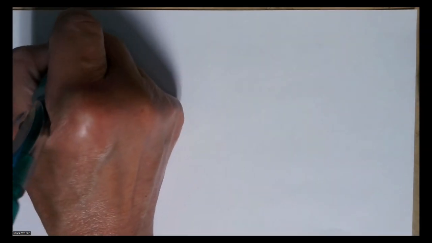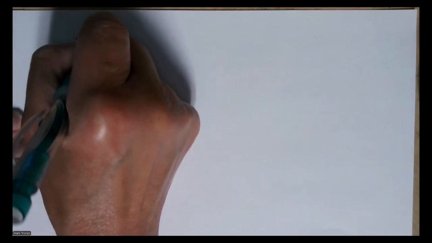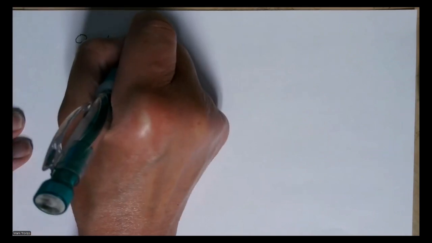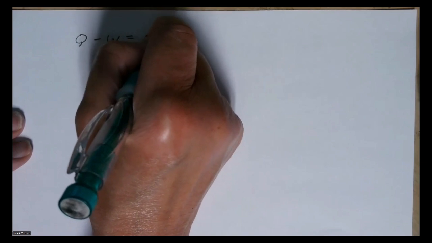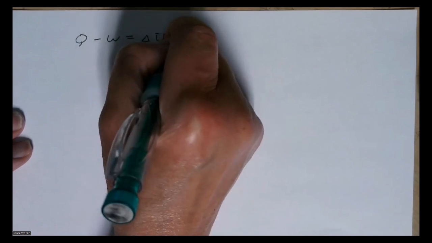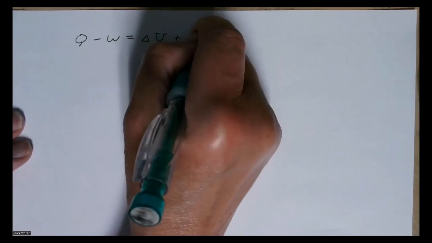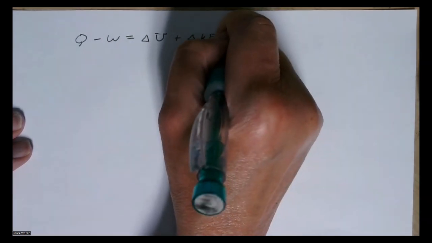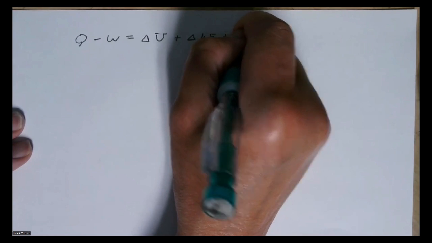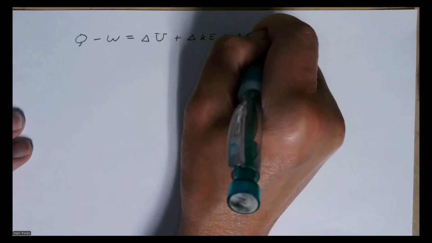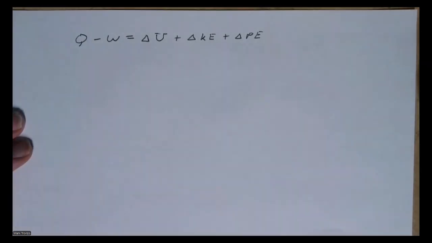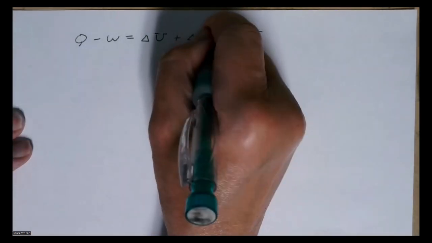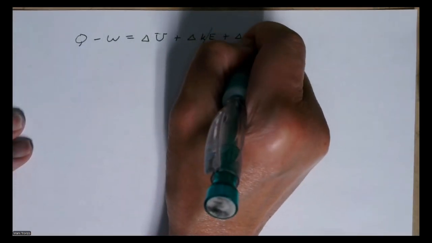So now that we have this, we can find the heat transfer. And remember that the first law says that Q minus W equals delta U plus delta kinetic energy plus delta potential energy. And remember, we've determined these are both 0.